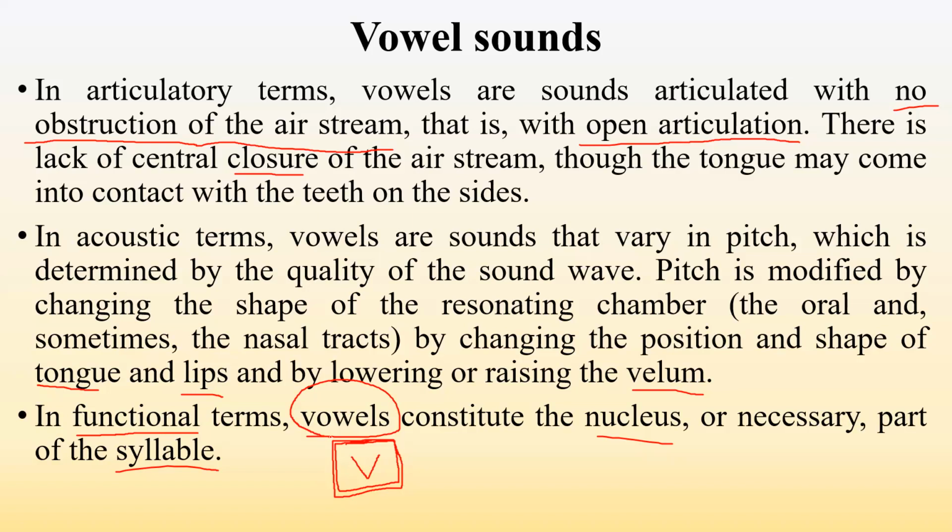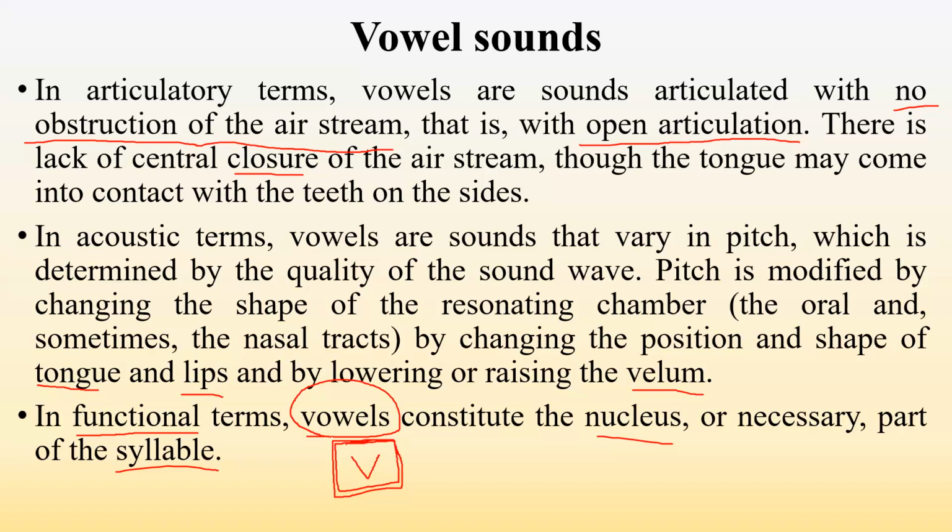So that is a function of vowel sound. So there are 3 different perspectives to vowel sounds here in this slide. Hope you have got some idea, right? In the first point, we talked about how the vowels are produced with open articulation, right?